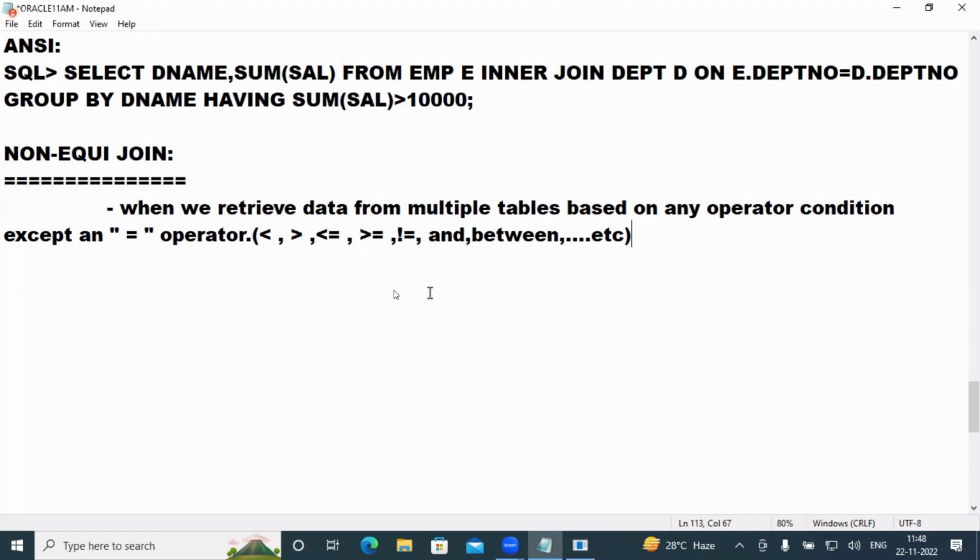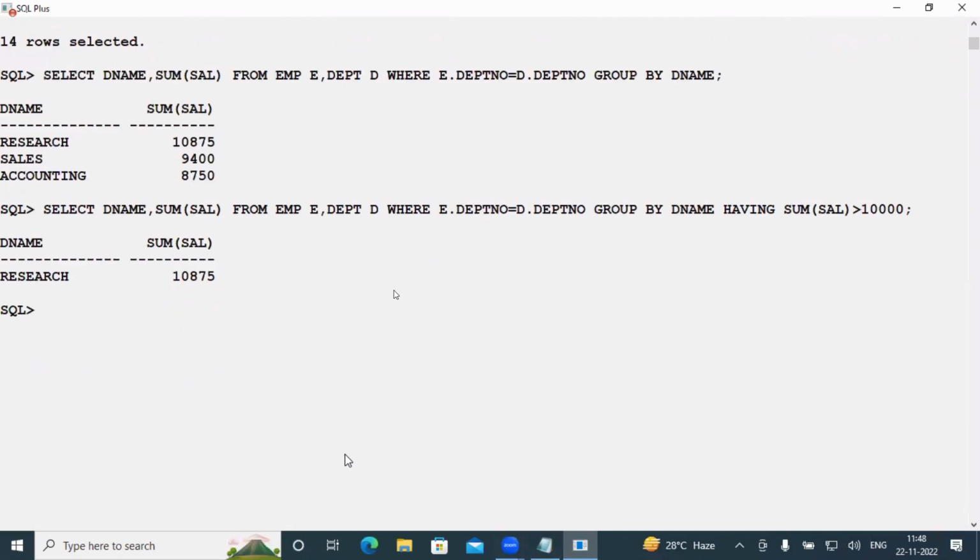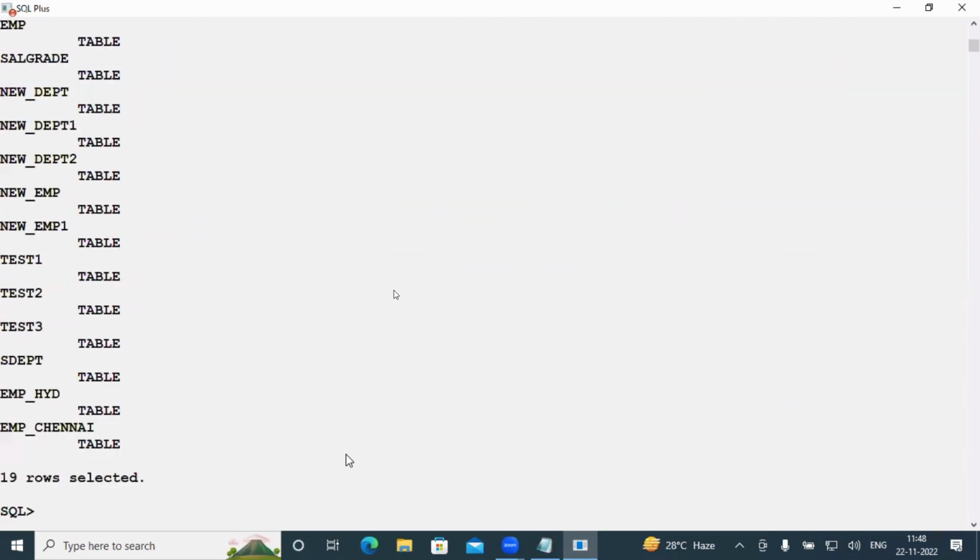Okay, fine. Let me see. First, I will show you a simple, very simple example. I will show you the mechanism first to understand, then afterwards we will go for another example. So first I will check how many tables are in my tab list.